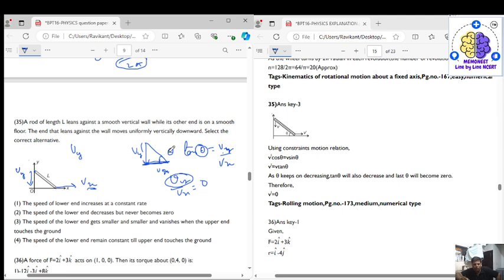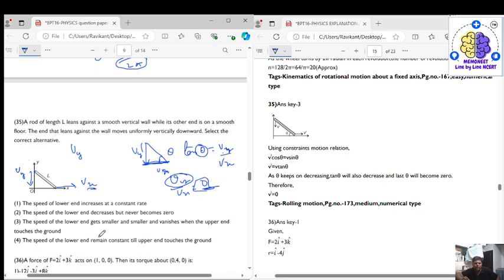So out of this logic, does the speed of the lower end increase at a constant rate? No. Does it decrease but never become 0? No. The speed of the lower end gets smaller and smaller and vanishes when the upper end touches the ground. Yes, it vanishes because it's finally resulting in 0, right?